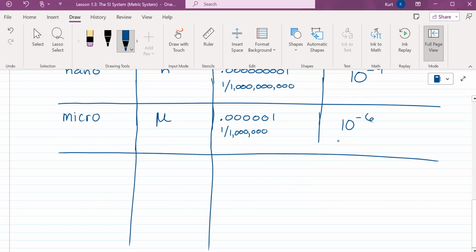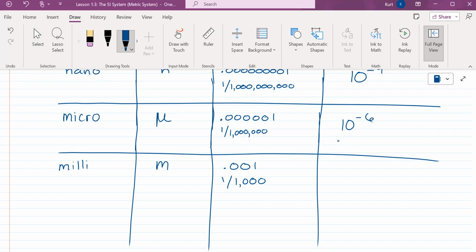All right, we're getting bigger. Next is going to be milli. The symbol for milli is a lowercase m. Millimeter, milliliter, milligram. This is 0.001. So what do you think that is? 1 what? 1 1,000.